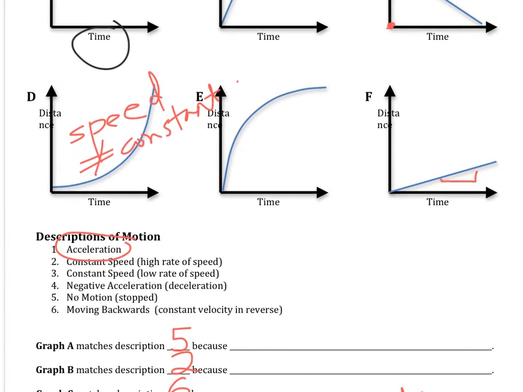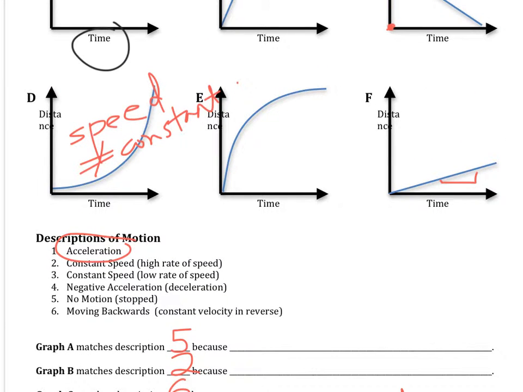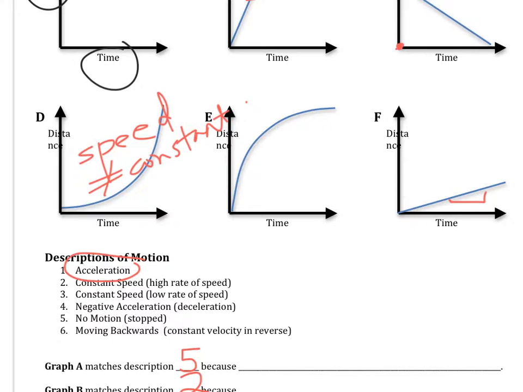Now, for graph E, same idea. It's a curve, so we know that the speed is not constant. Now, we're left with number 4, and why would this represent a negative acceleration? What we could do is split the curve up into parts, and we can think of the slope of the curve still tells us information about the speed. If we divide the line in two, we can tell that the slope here is greater than the slope here.